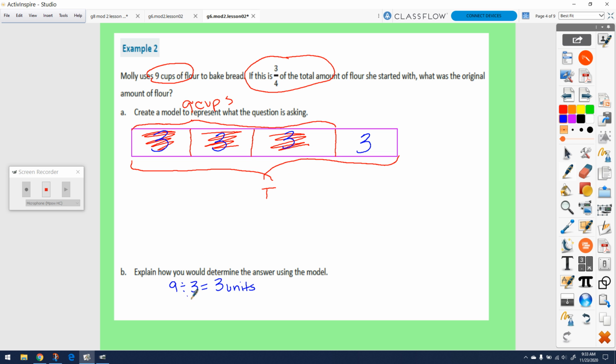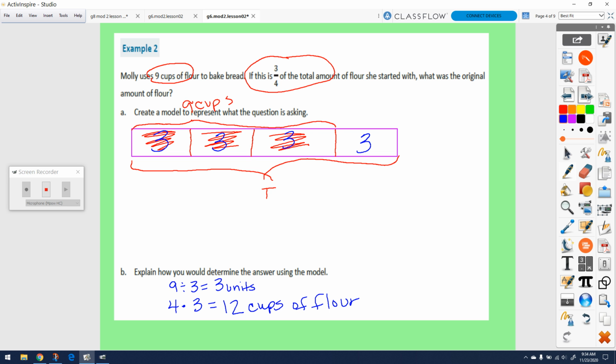Then I said, I had 4 boxes, so 4 times 3, which is 12, and 12 what? Cups. She started with 12 cups of flour.